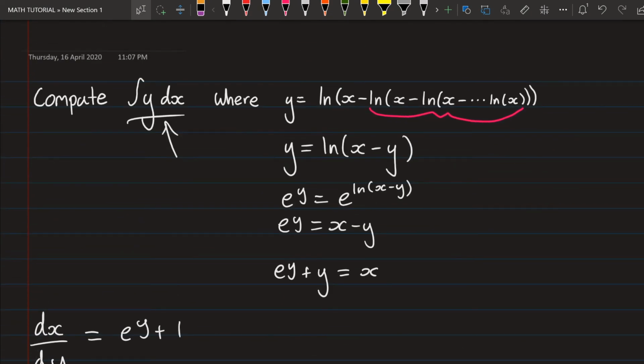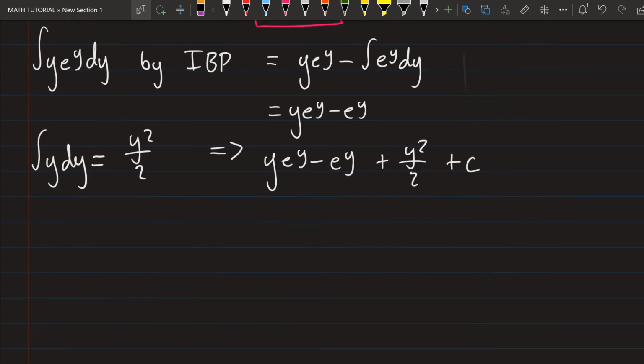So what we can actually do to find this is we can just substitute back in our infinite function. So this is going to be quite ugly.